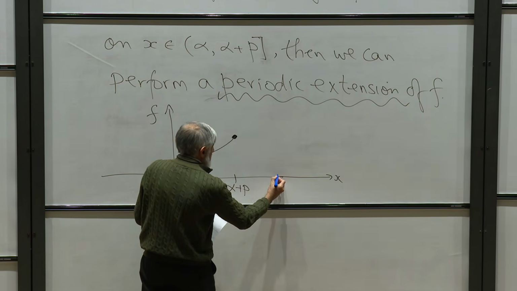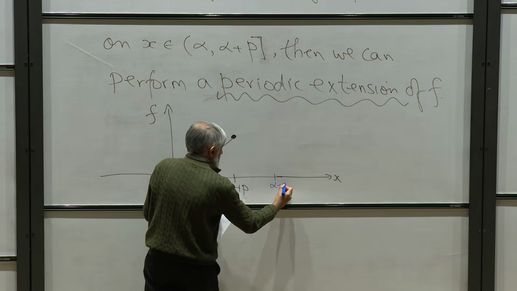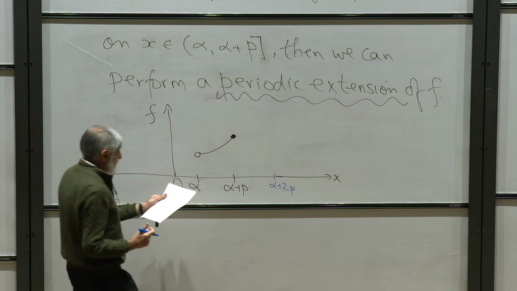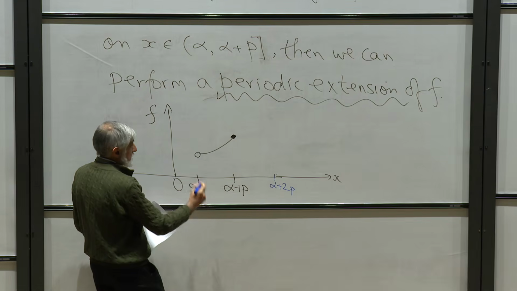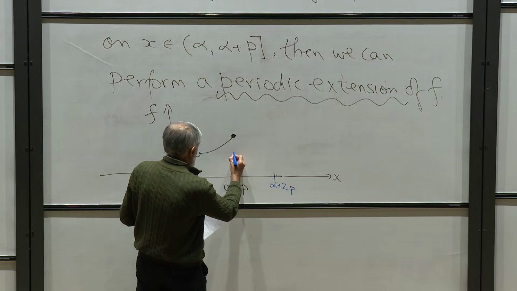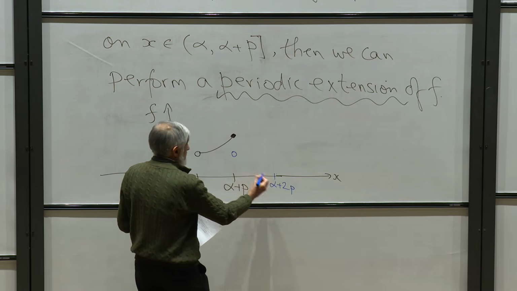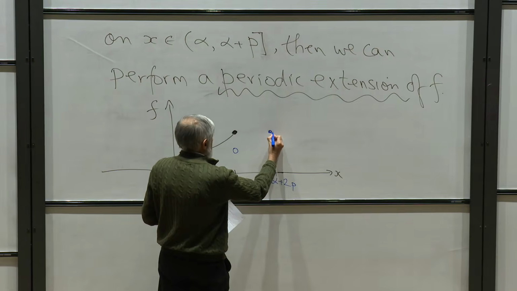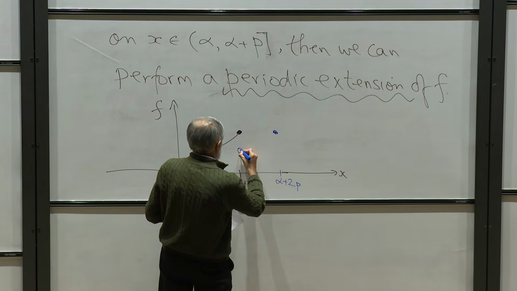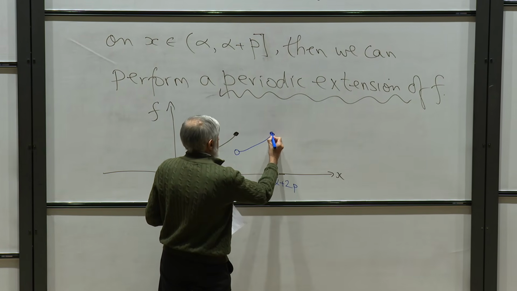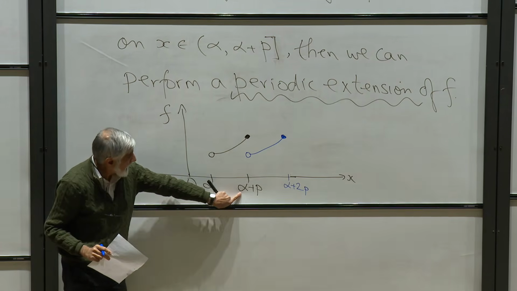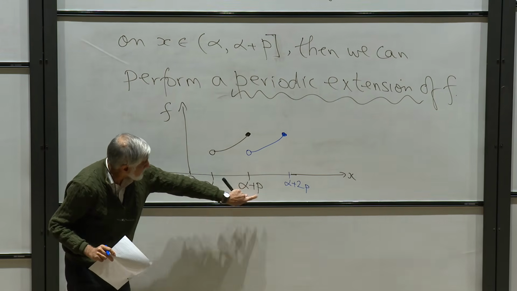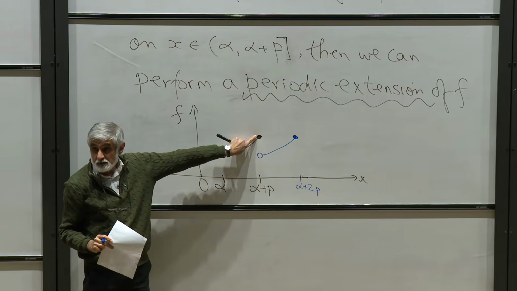This is alpha plus 2p. We simply shift this over to there. So that will go here, to here, like that. And so f at alpha plus p will be this value.